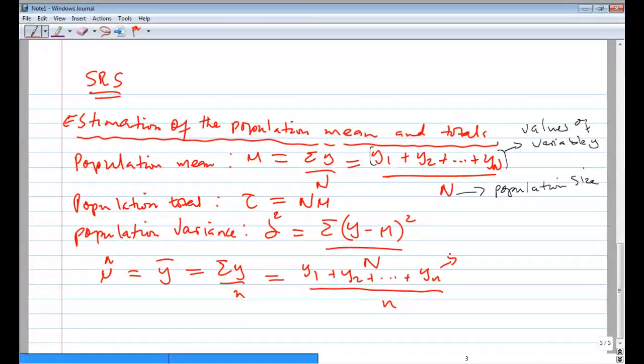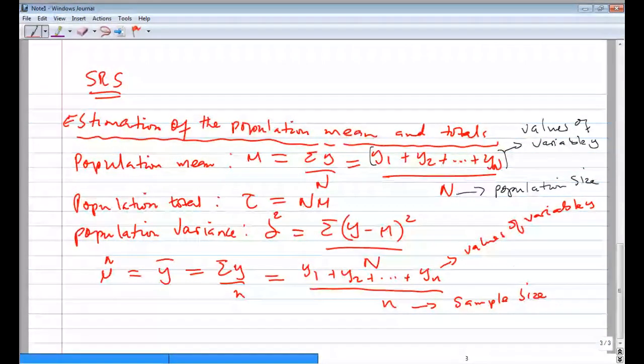Here the y are the values of the variable y, and n is the sample size. So this is how we estimate the population mean: mu hat equals y bar, which equals the summation of y over n.